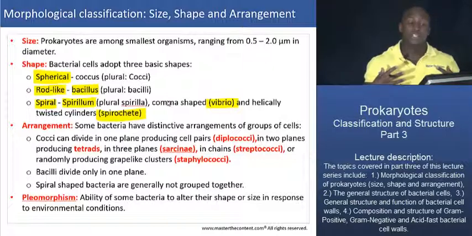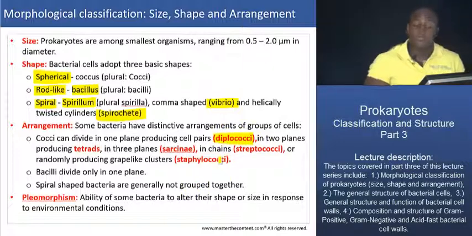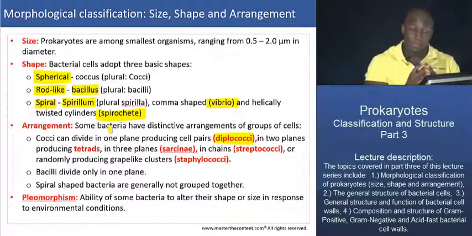If they divide in one plane, the resultant structure is going to be called a diplococci. A diplococci is basically a cell pair, so di meaning 2. If the cocci divide in 2 planes, it would produce what's called a tetrad. If it did so in 3 planes, it would produce a cluster we refer to as a sarcinae.